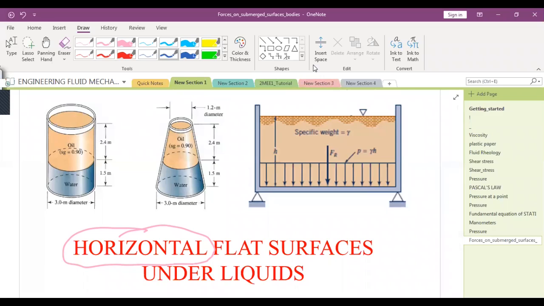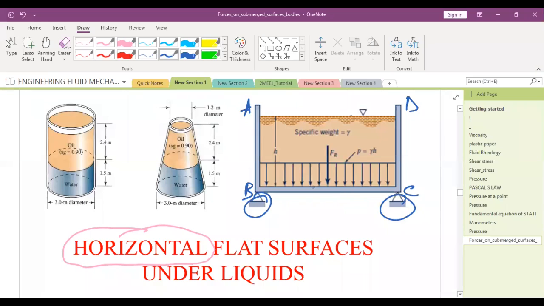In this container, say I mark this as A, B, C, D. This is the front view of a container containing liquid, which is resting on two supports.